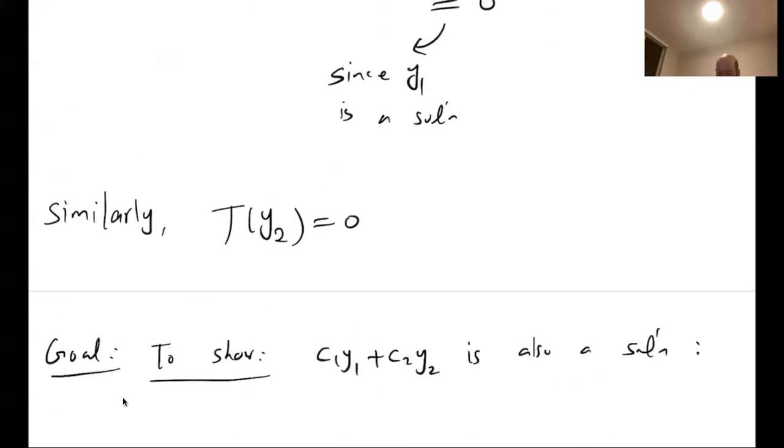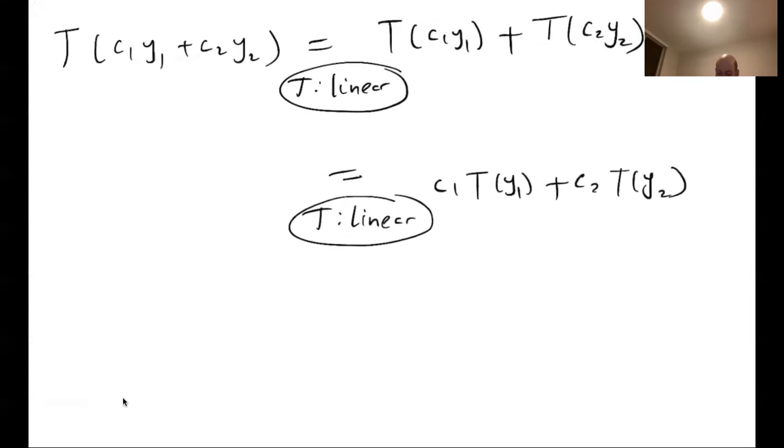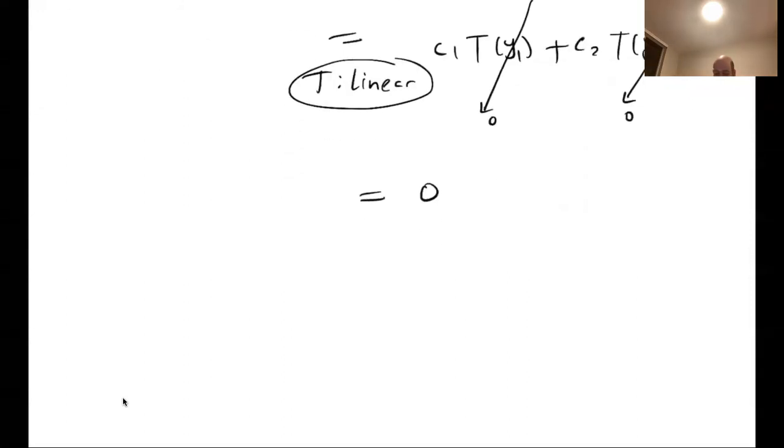And T of y1, I already know it's 0. T of y2, I already know it's 0. So this guy is 0, this guy is 0. So this will be 0. So we showed that T of C1 y1 plus C2 y2 is 0.